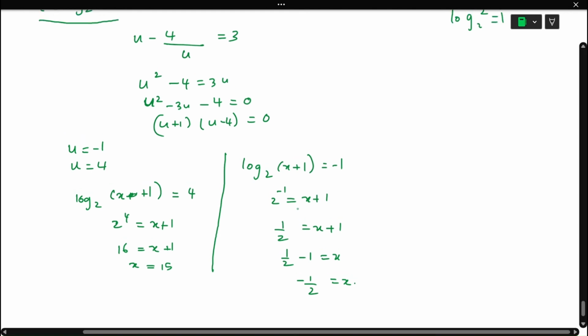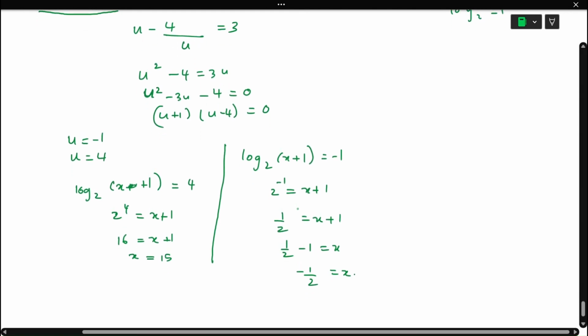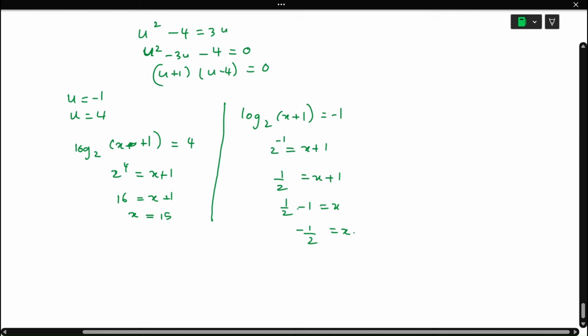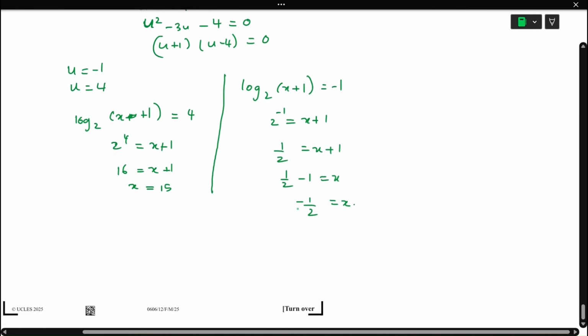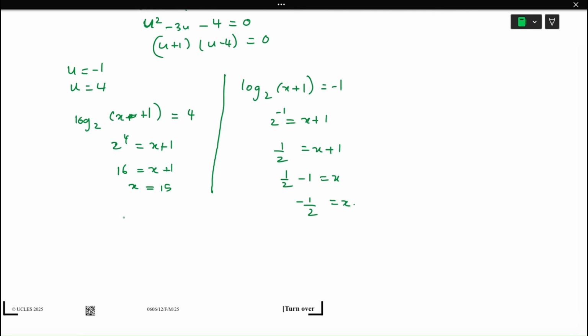Okay, now we have to check whether both answers are possible or not. Log of a negative is not possible, so here the log of x plus 1 is coming, so we'll check whether x plus 1 is positive. Putting x equal to 15, x plus 1 is 16, which is greater than 0.